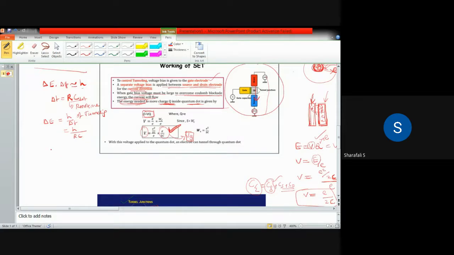And this h by R should be less than e square by 2C, so h by R, if you take the e square by 2C, will come here. So this will be e square by 2.